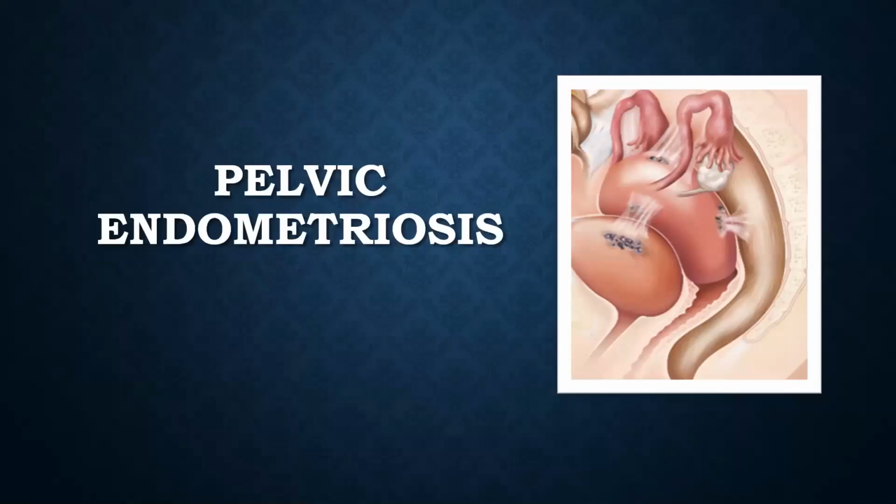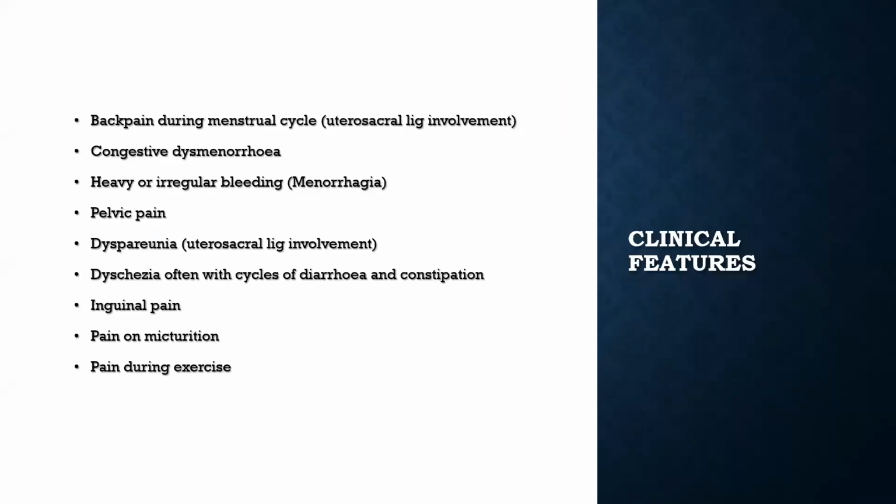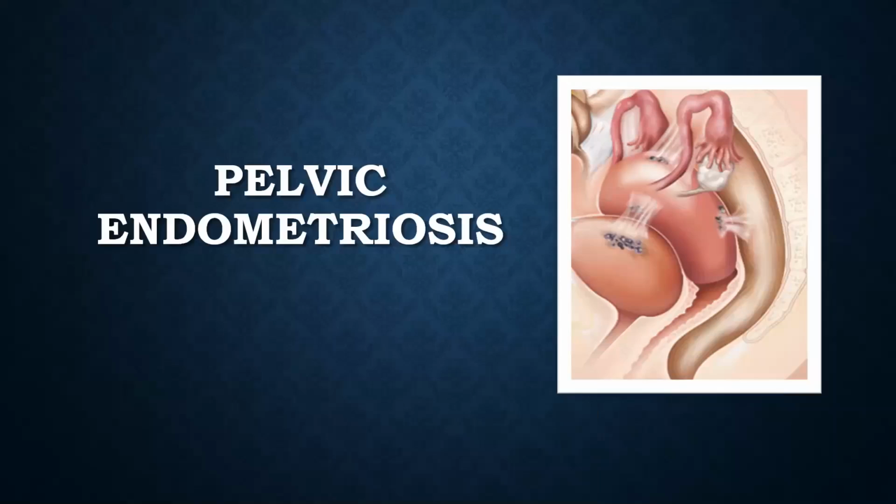So the most important one, pelvic endometriosis. I know everyone will be knowing pelvic endometriosis because it was taken in the last session. We'll just brush it up and go through the symptoms and the rubrics. Now talking about pelvic endometriosis, you know that endometriosis is basically defined as endometrial-like tissue which grows outside the uterus, which induces a chronic inflammatory reaction.